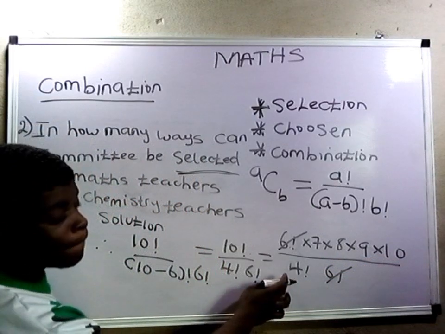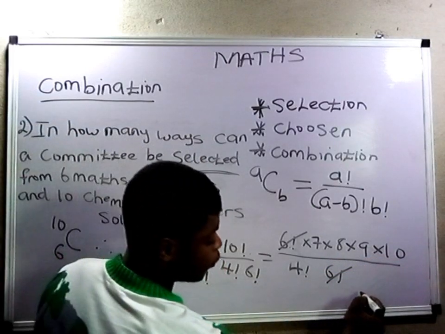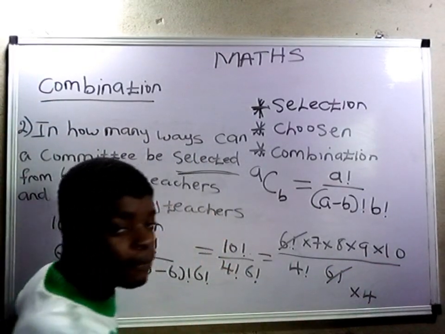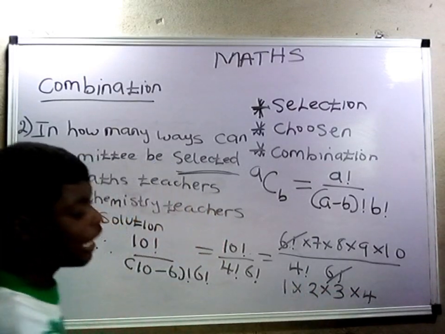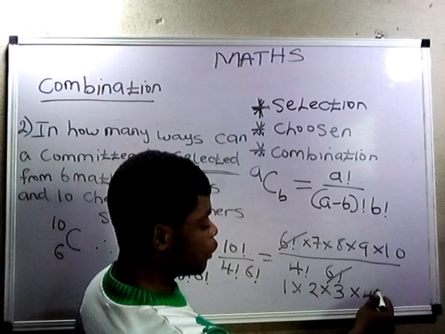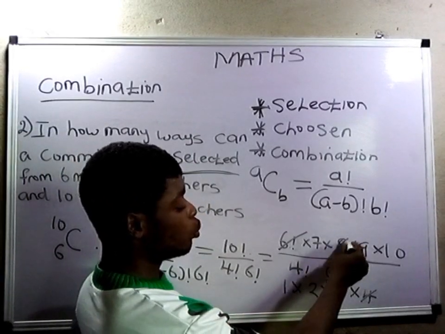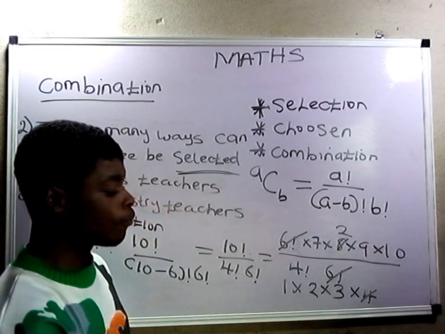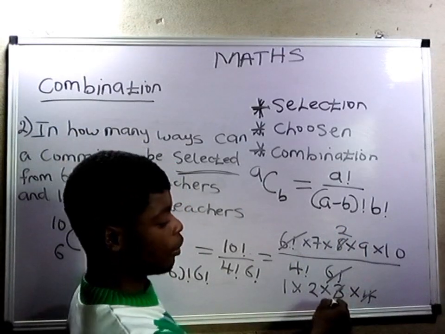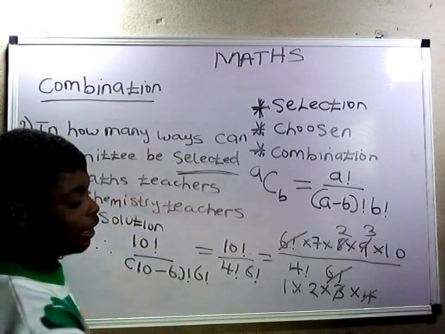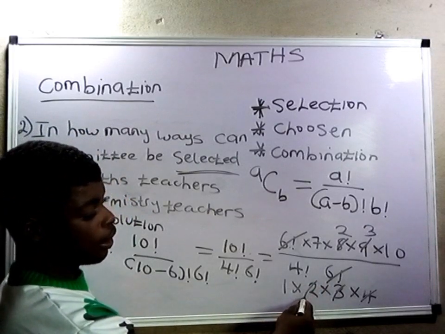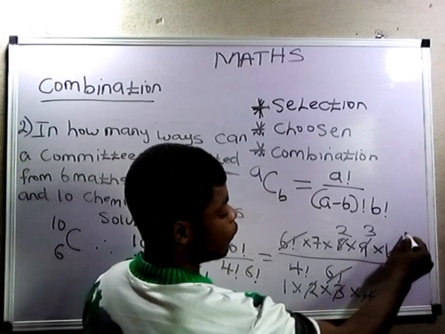4 factorial is 4 times 3 times 2 times 1. So this 4 goes into 8 to be 2 left, this 3 goes into 9 to be 3 left, and this 2 goes into 10 to be 5.